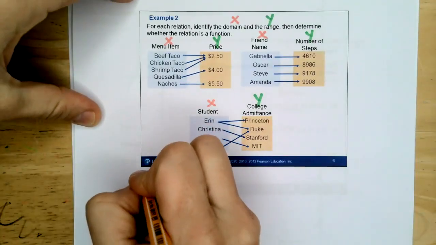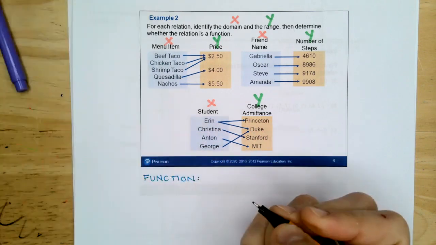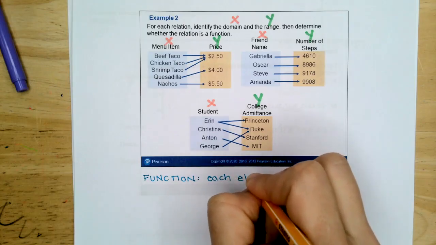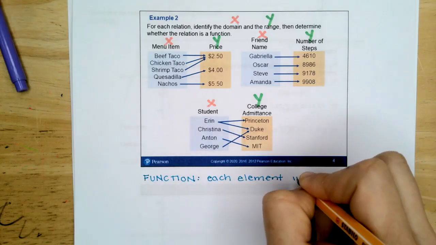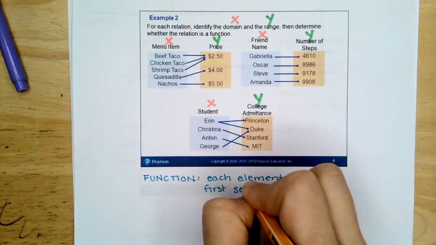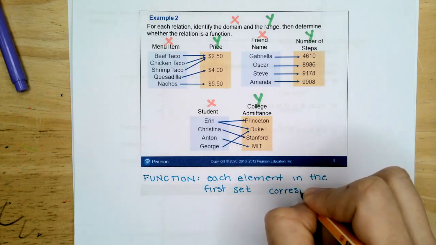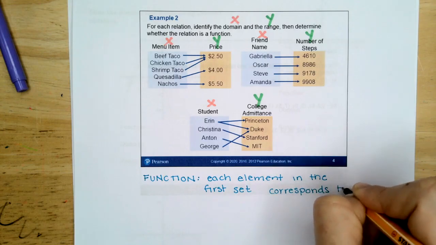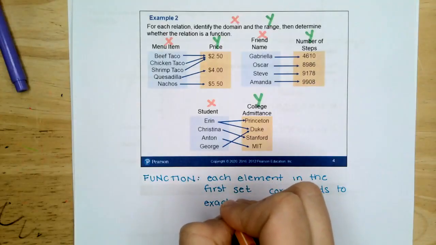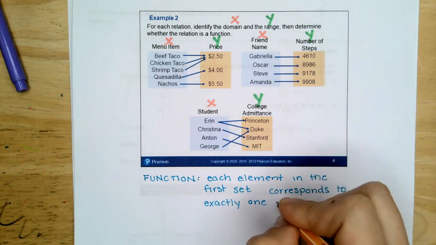A function means each element in the first set corresponds to exactly only one element in the second set.